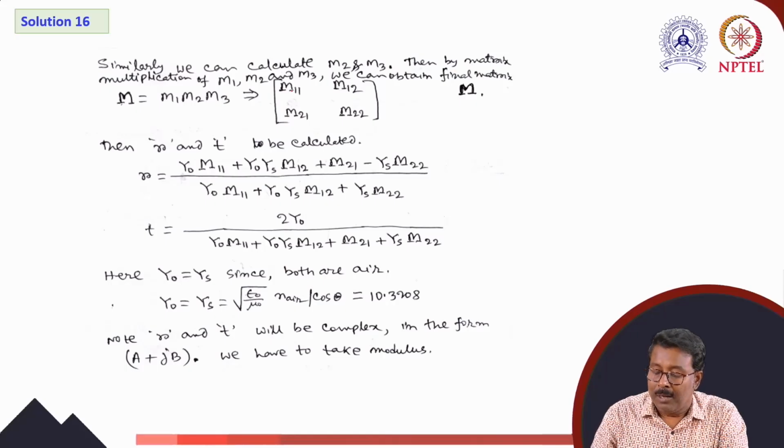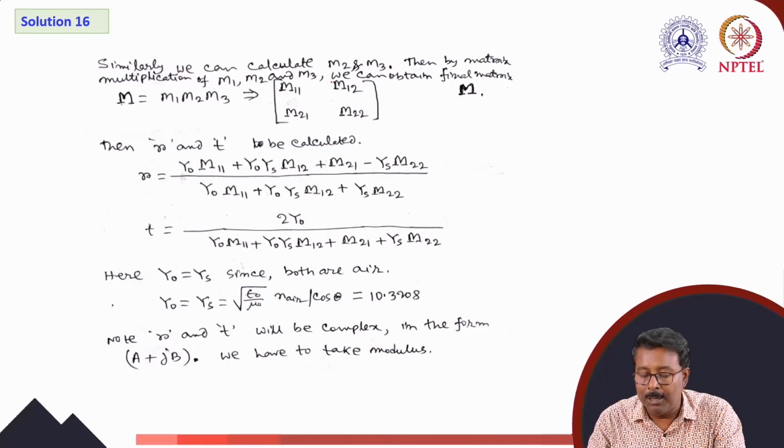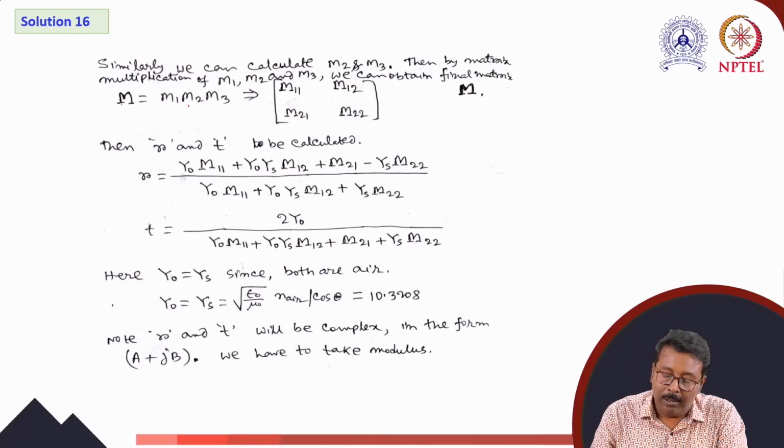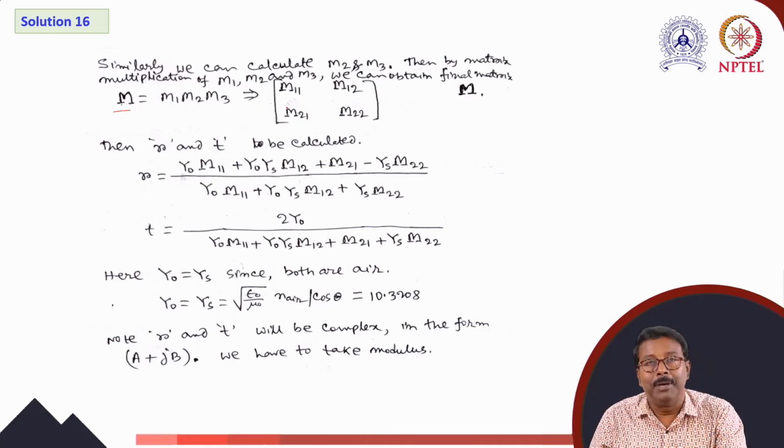After getting all of M1, M2 and M3, you have to take the product of the three matrices, and the final matrix, say M, consists ultimately of four elements.